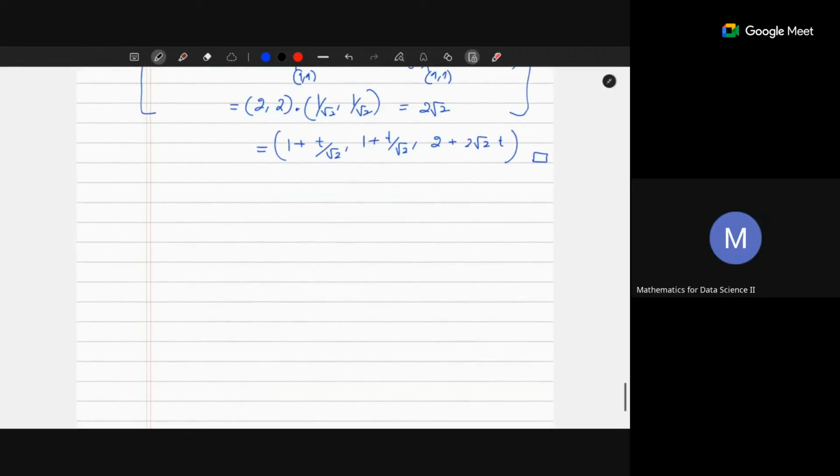So let me write down tangents to a scalar valued function. Let f be a function on a domain D in R^n, and it's a scalar valued function.